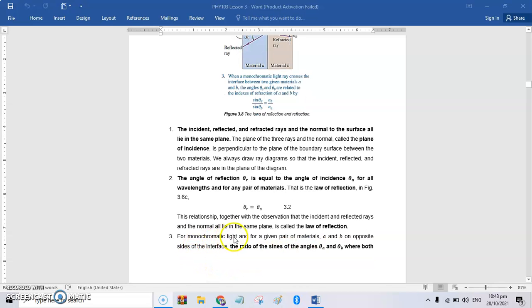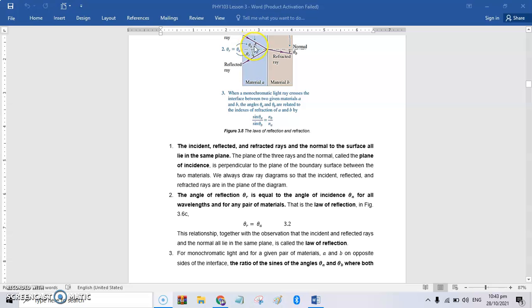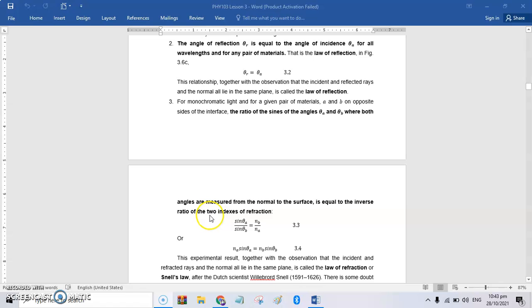Next, for monochromatic light, for example a laser, and for a given pair of materials A and B, on opposite sides of the interface, the ratio of the sines of the angles theta A, the incident angle, and theta B, the refracted ray angle, where both angles are measured from the normal to the surface, is equal to the inverse ratio of the two indexes of refraction.